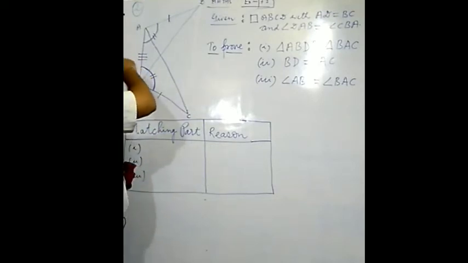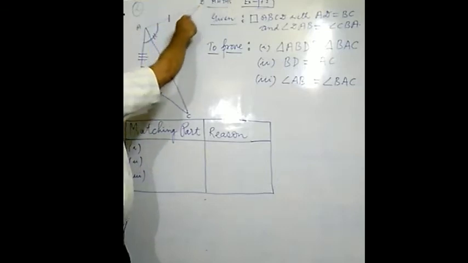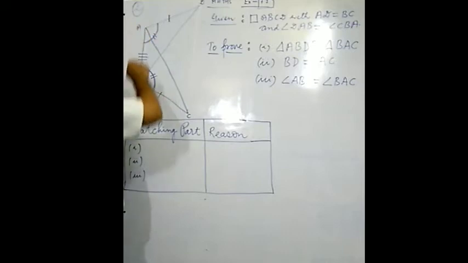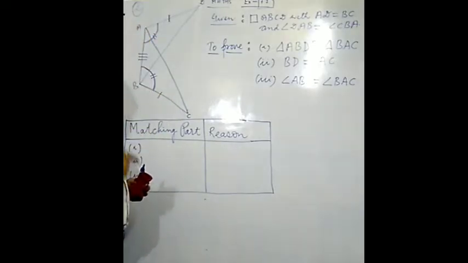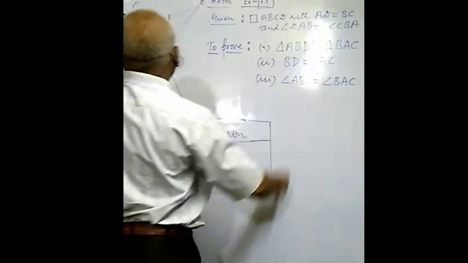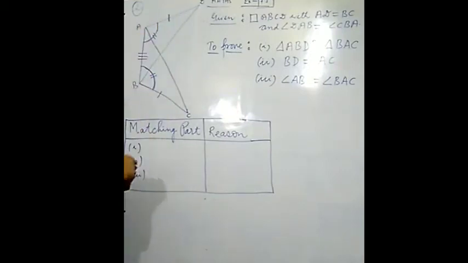We have to prove that this triangle is congruent to this triangle. This is the question. In the second part, we have to justify whether BD is equal to AC.